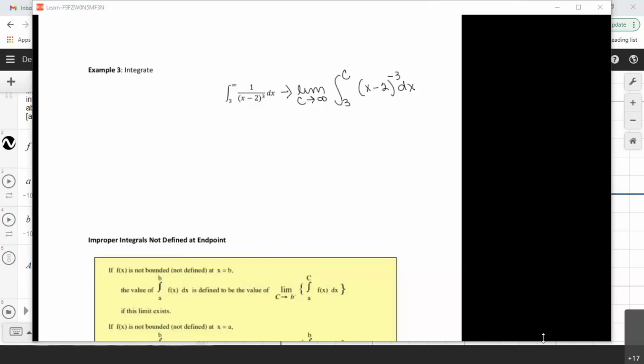Okay, how about if I write it like this? 1 times x minus 2 to the negative 3. Is the integrand a product? Okay, the way I wrote it, it is, yes.